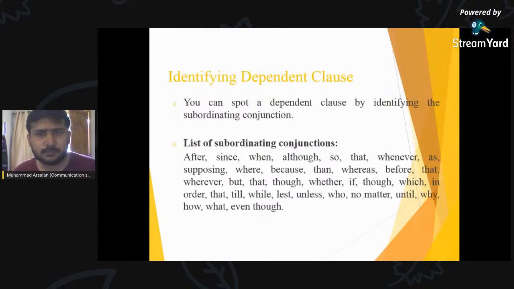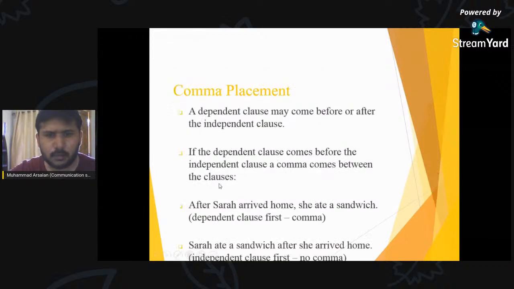So we can say that these are the dependent and independent clauses. And now let's look at how the comma works in dependent and independent clauses. Comma placement. Now you can see what we need to understand about the comma.